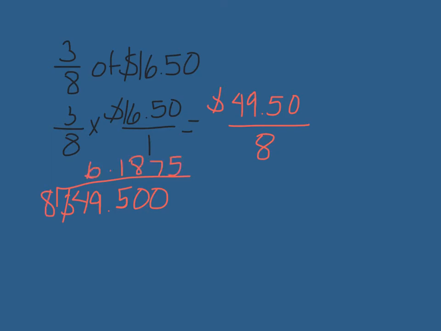So when I divide, I get $6 and 0.1875. So I need to round that to my nearest cents. So that would be right here, I'd be rounding the 8, and I'm going to go up because of the 7. So that would be $6.19. Okay, I hope that's what you were able to get as well.